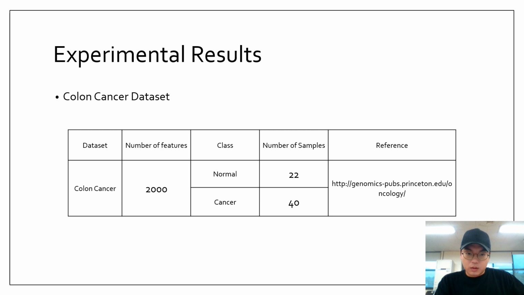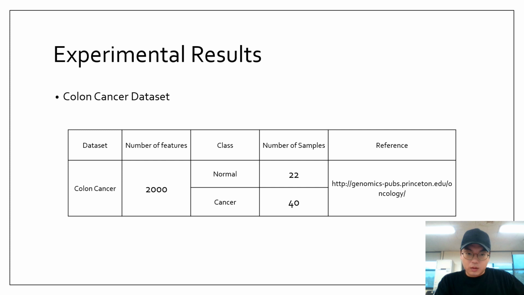So I will show you our experimental results. To check the validity of the proposed method, we selected features of the colon cancer dataset. This dataset is used in the gene expression project at Princeton University.